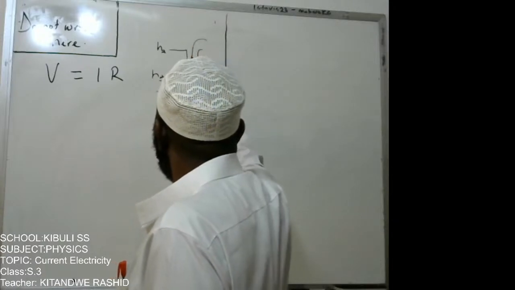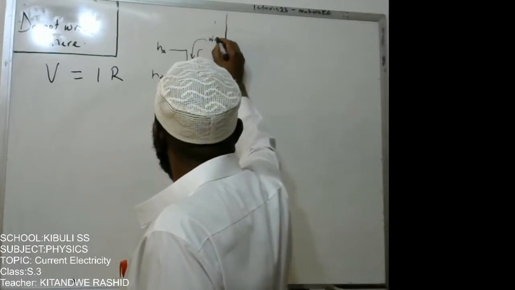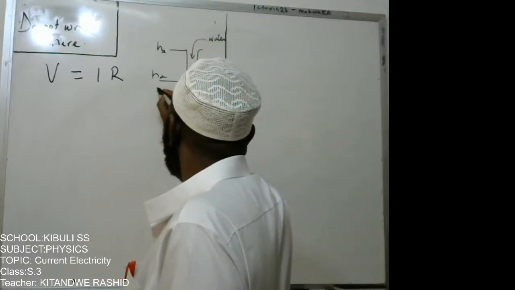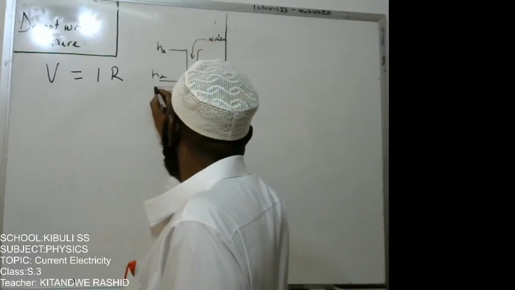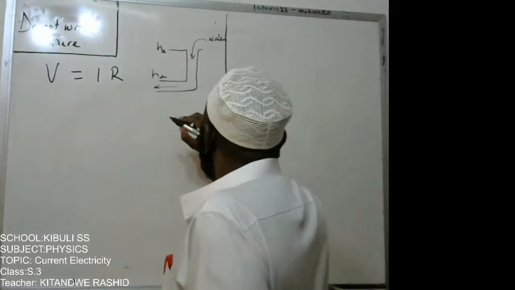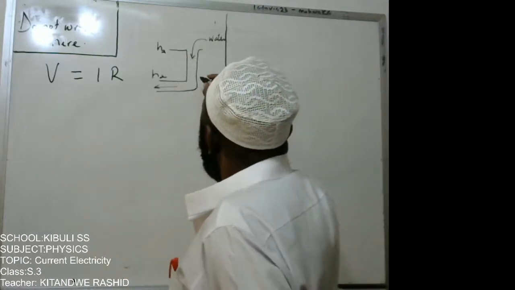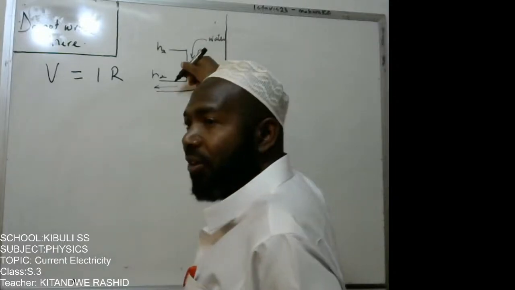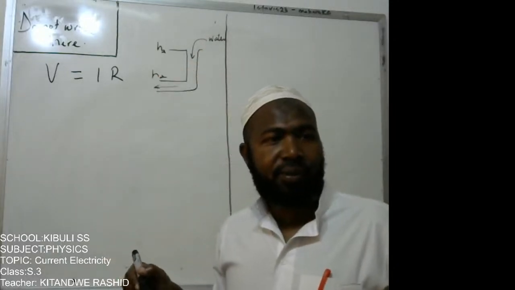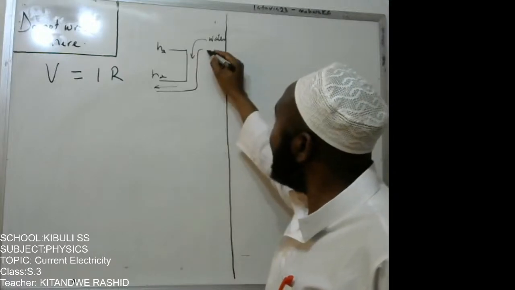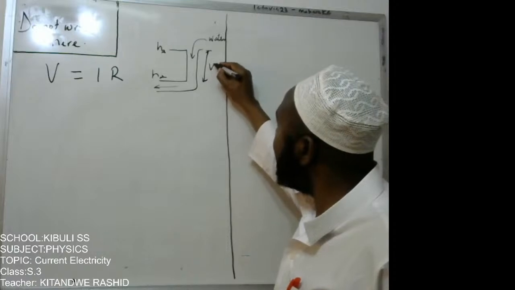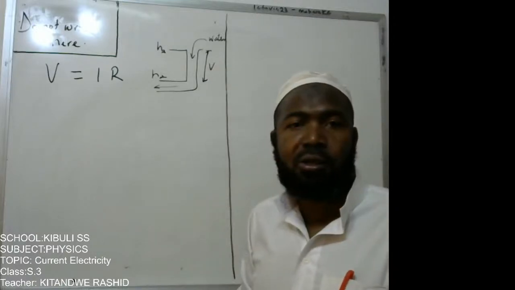Water is flowing like this from a high potential to a low potential. And now we assume that the water is the current, and the height difference is a measure of the difference in potential energy, and this is the potential difference.